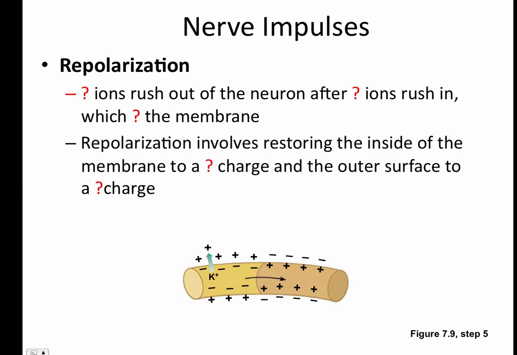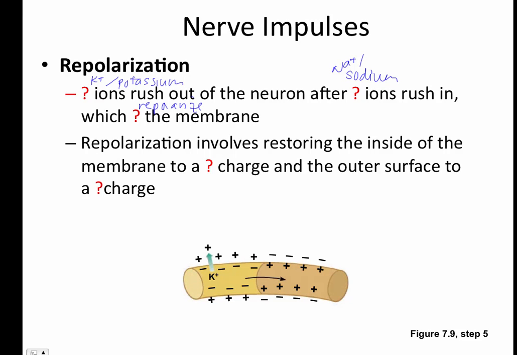We then have repolarization, and this is when potassium ions are going to rush out of the neuron after sodium ions rush in, which is going to repolarize the membrane.